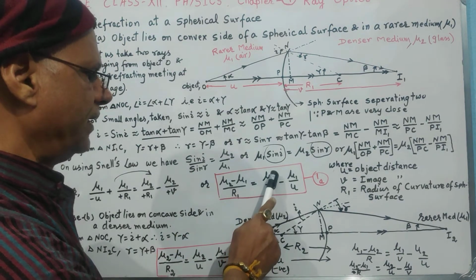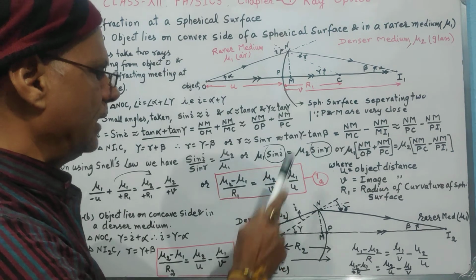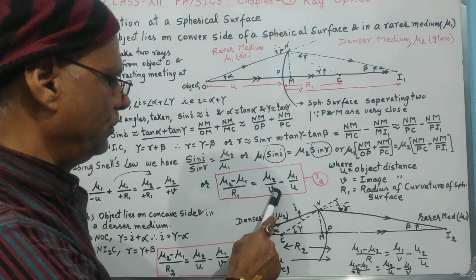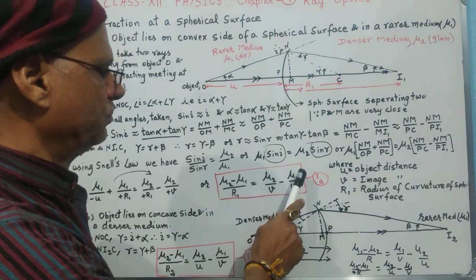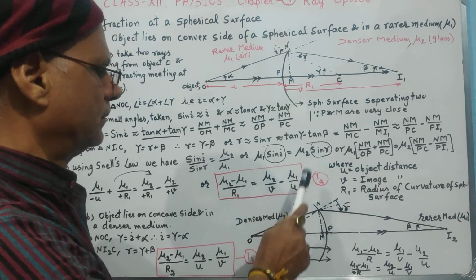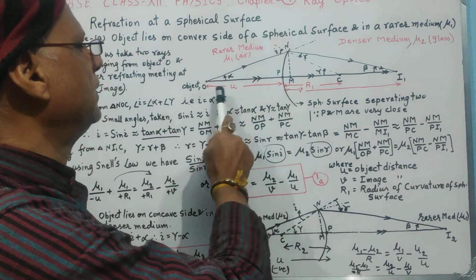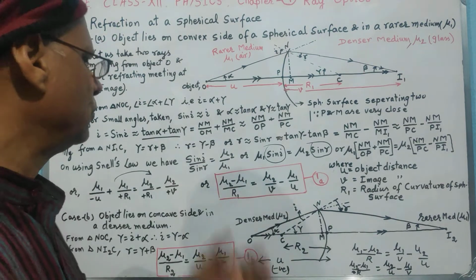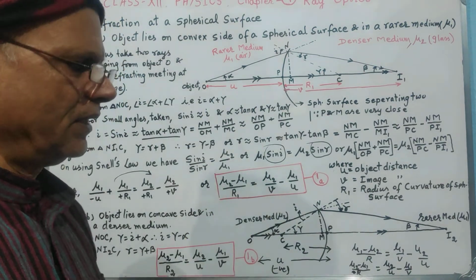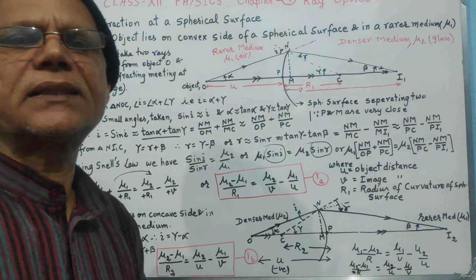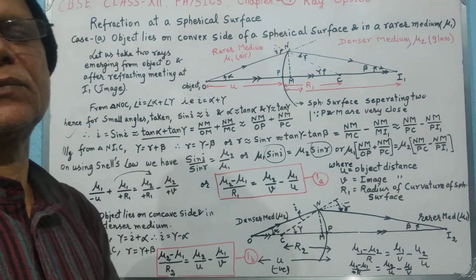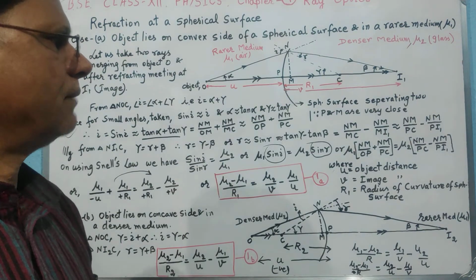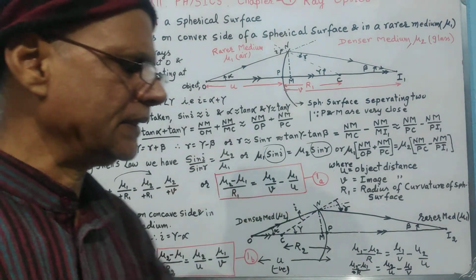On the right hand side, mu2 is final and the image distance v is final, minus the initial mu1 divided by u, the initial object distance. So you got some clue how to keep the refraction formula for spherical surfaces in your memory. We can have some comfort if we have these things in mind.